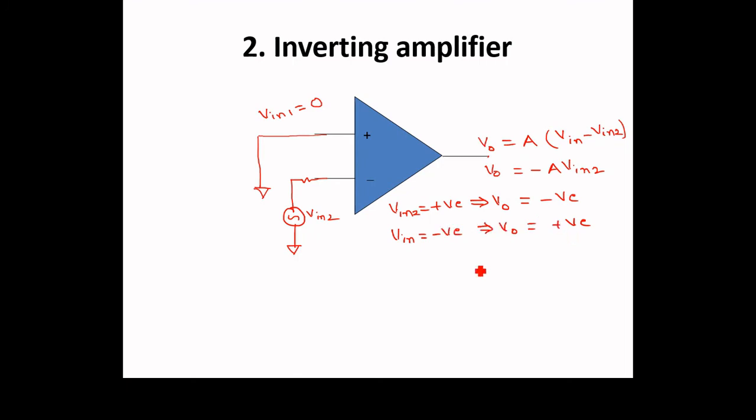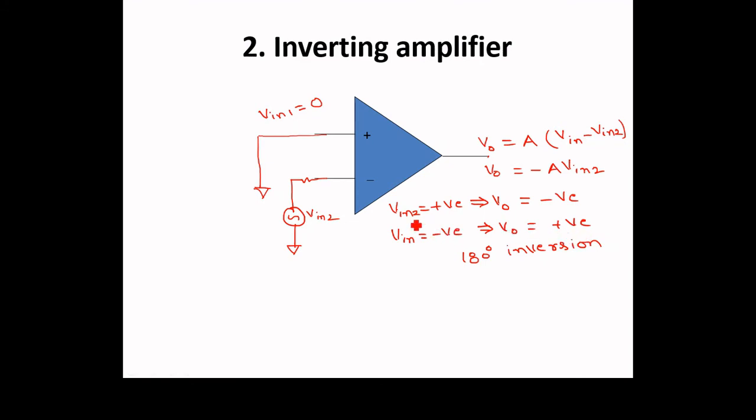So there is a 180 degrees inversion, a 180 degrees phase shift between input and output. If you are applying positive, you are getting negative. If you are applying negative, you are getting positive.